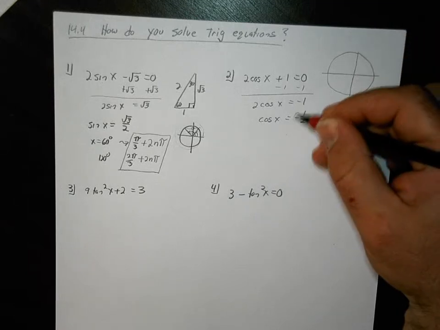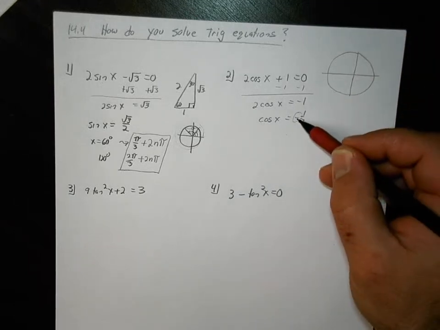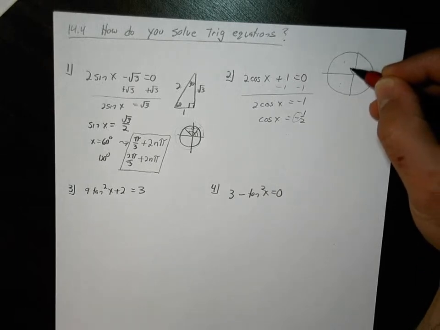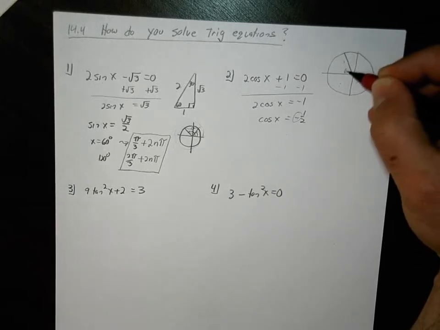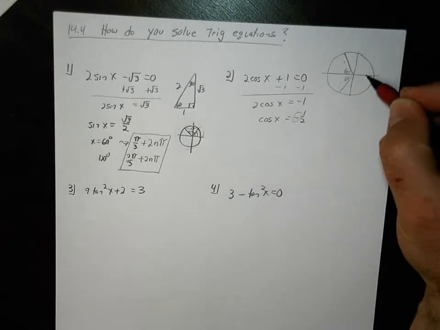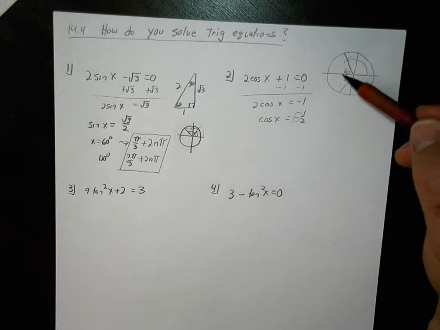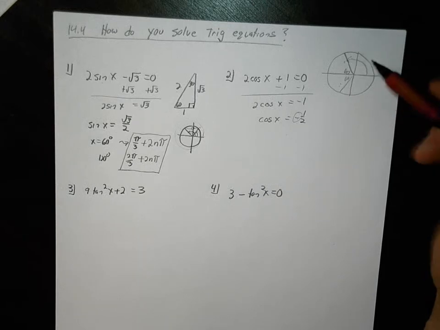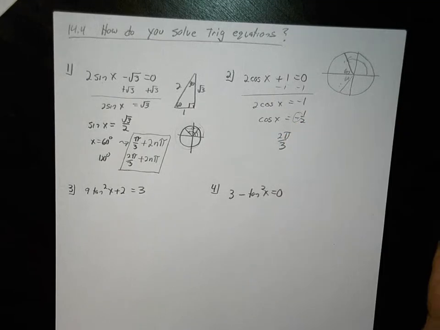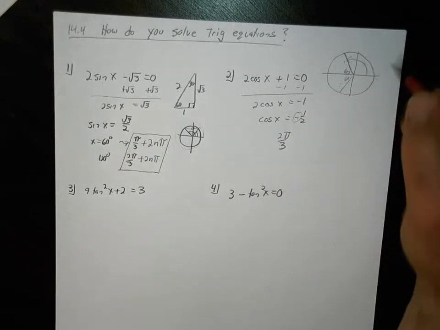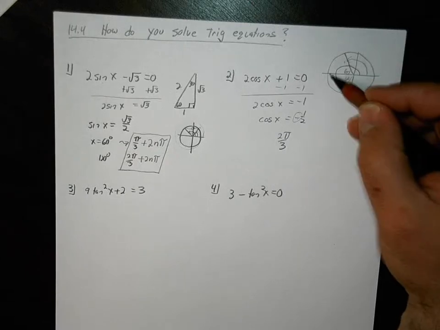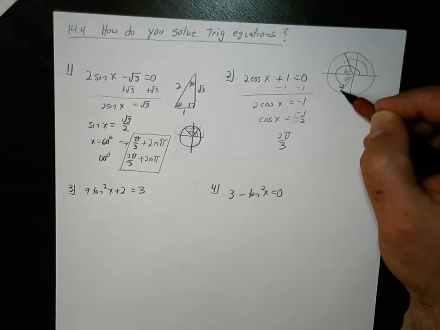That negative, I have to think about where cosine is negative, and cosine is negative in these two quadrants. So I have to draw a 60-degree reference angle here and here and figure out what my two angles are. So the first one is this one, which would be 120 degrees. So again, it's that 2 pi over 3. And then this angle here is 180 plus another 60.